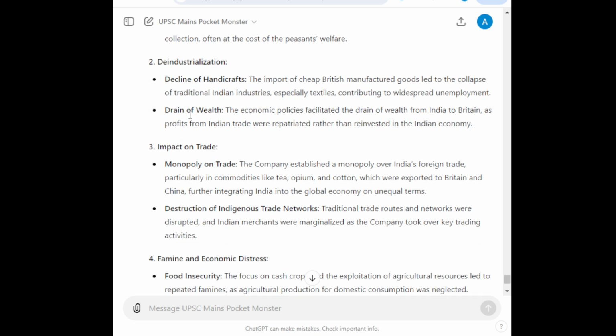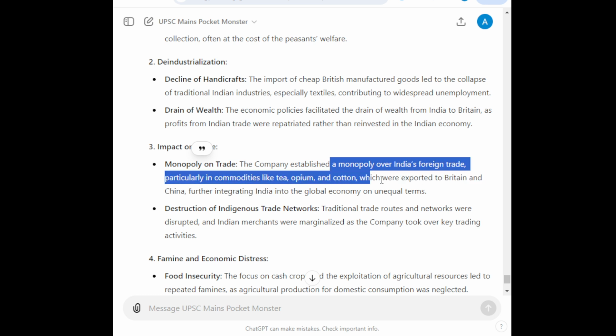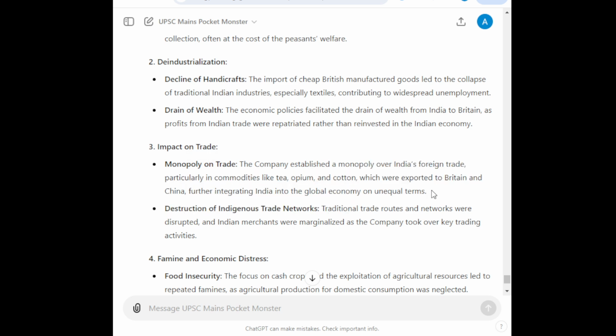Impact on trade. A monopoly on trade. The company established a monopoly over India's foreign trade, particularly in commodities like tea, opium, and cotton, which were exported to Britain and China, further integrating India into the global economy on unequal terms.